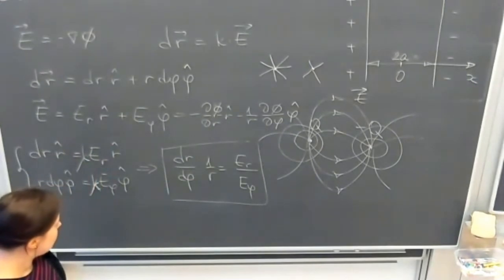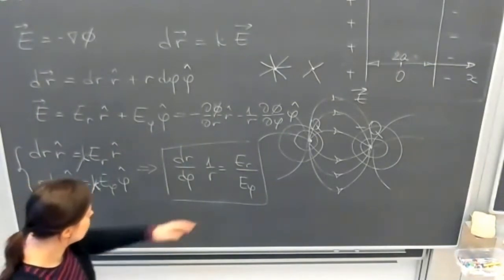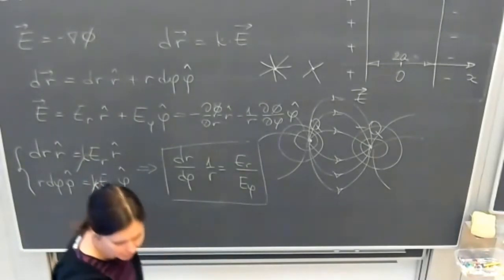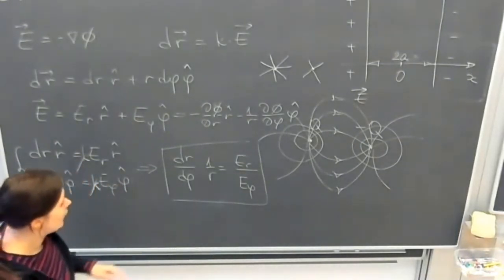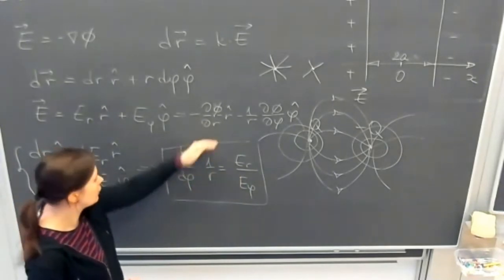So from here, we can find the electric field, the radial and the angular component, and how we can find it through the scalar potential.